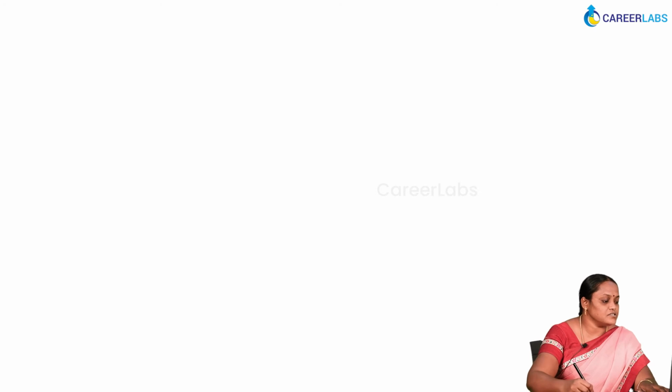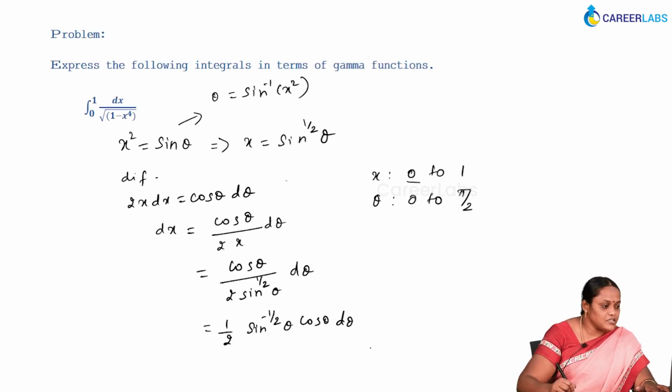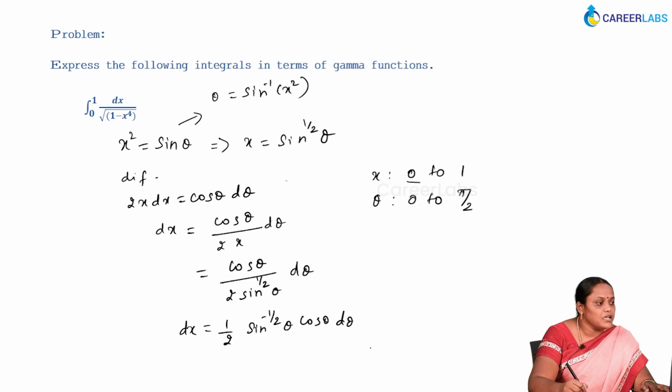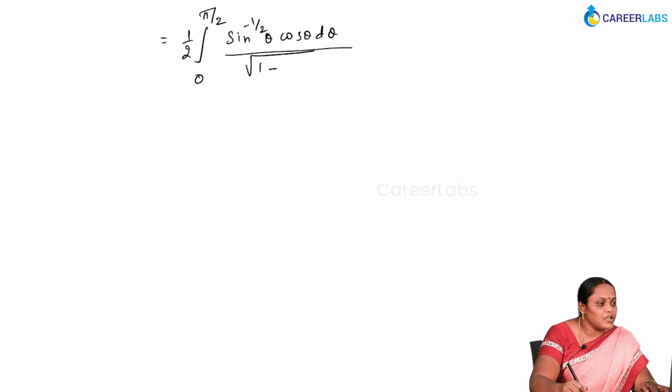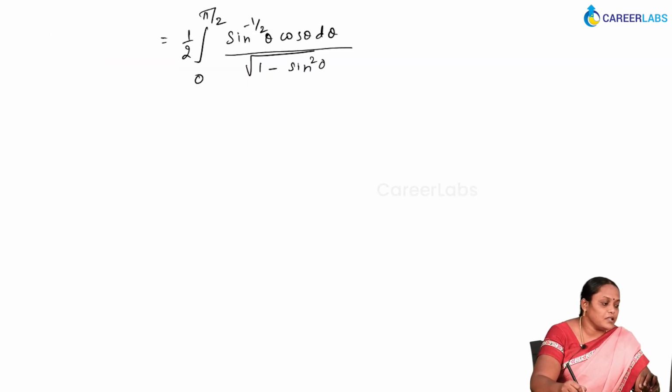So this is equivalent to, instead of integral 0 to 1, integral 0 to pi by 2, and instead of dx, this is nothing but 1 by 2 times, so let me take this 1 by 2 outside, sin to the power minus 1 by 2 theta into cos theta d theta, divided by square root of 1 minus x to the power 4. x square is sin theta, so this will be sin square theta. 1 minus sin square theta can be written as cos square theta, so the square root of cos square theta will give you cos theta.